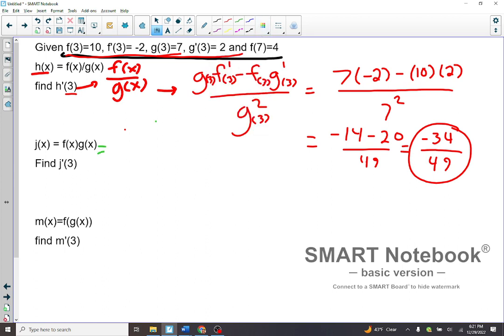For this one, g of x, f of x, these are our product. So since it's a product, we're going to use the product rule. So it's going to be g f prime plus f g prime. Remember, because this is j of 3, I'm putting 3 in for everything here.